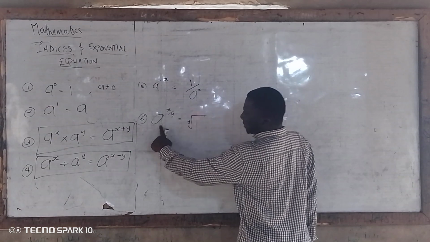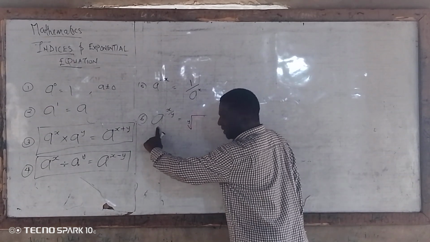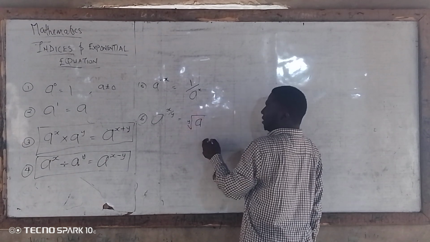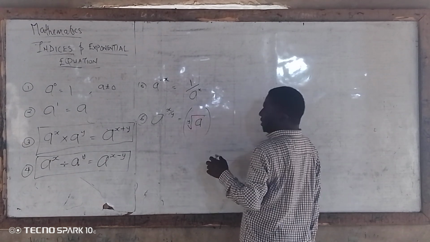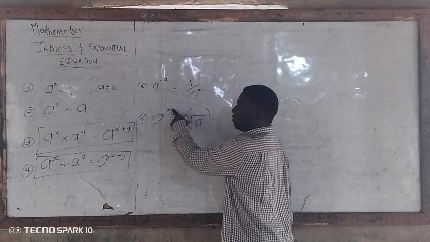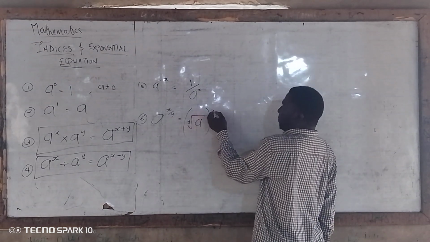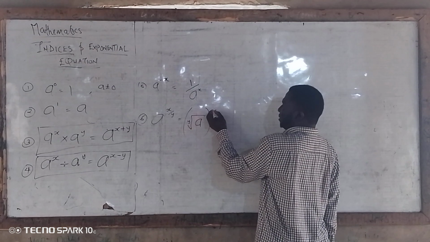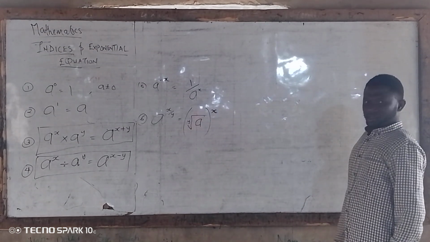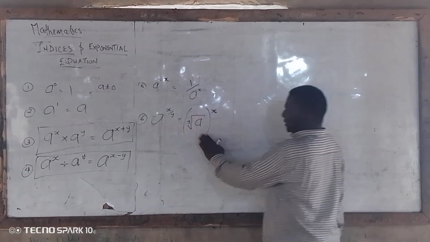Now, the main letter here, or whatever number it is, you put it inside the root symbol. Now you bracket the whole thing, and then this x, that is the numerator, will be put up here as power. So that is how you approach this. Alright, so this is what this means.